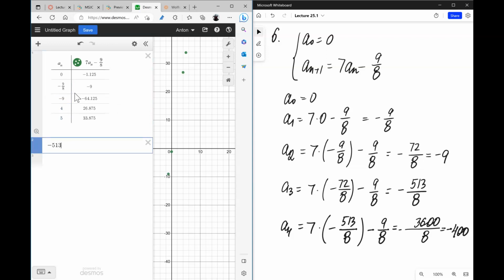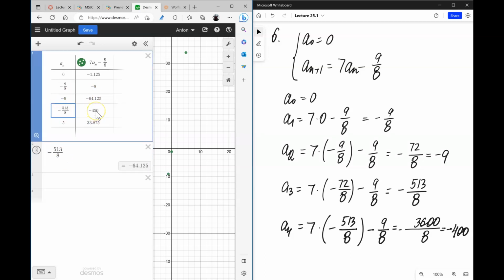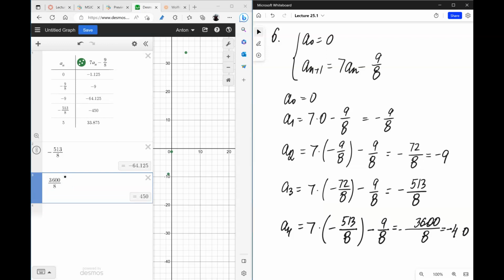This is negative 513 over 8. Yep. And we got negative 450. Well, I'm glad I'm checking this because 3600 divided by 8 is certainly not 400. Need to check my arithmetic skills.